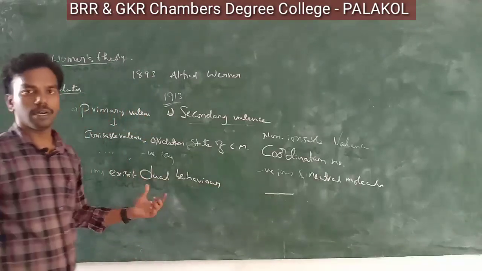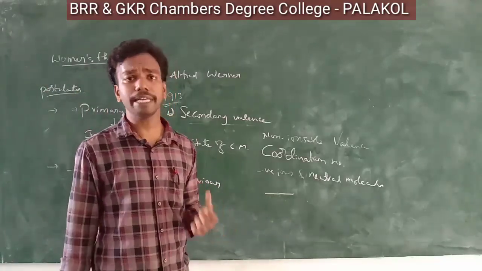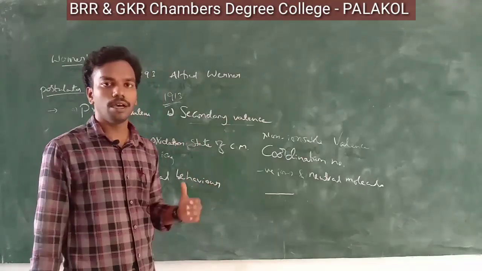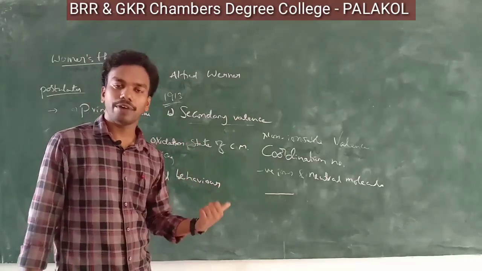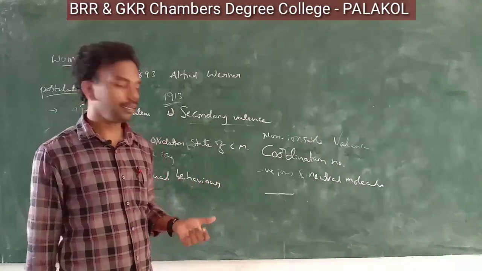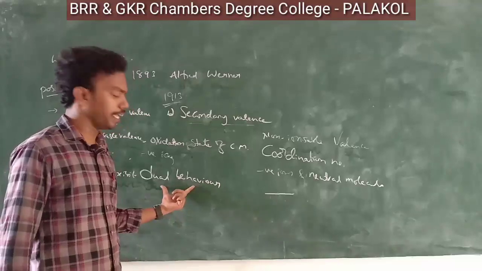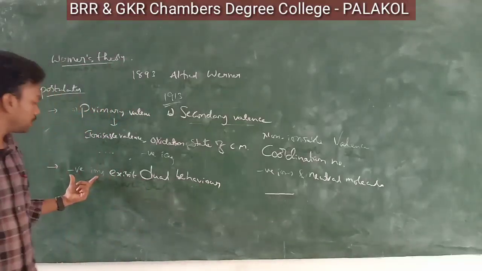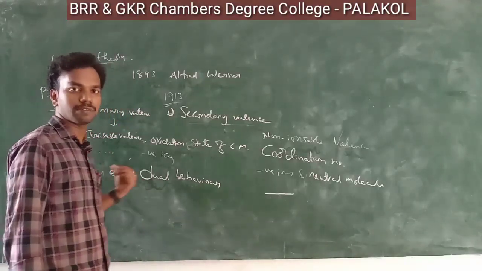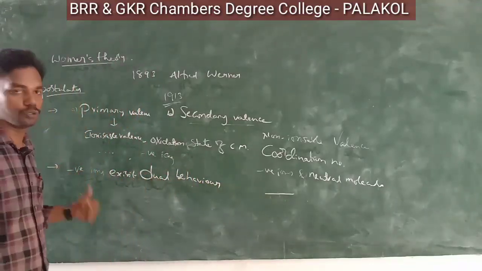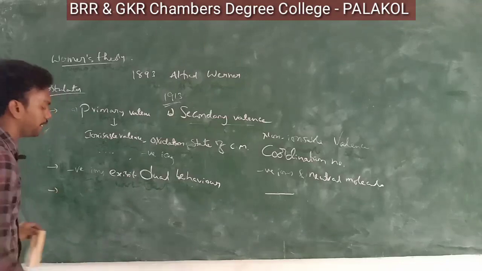Dual behavior means that the negative ions may often satisfy both primary valency and secondary valency. That is dual behavior. What are those? Negative ions. Negative ions satisfy both primary valency and secondary valency in some cases. That is postulate number 2.